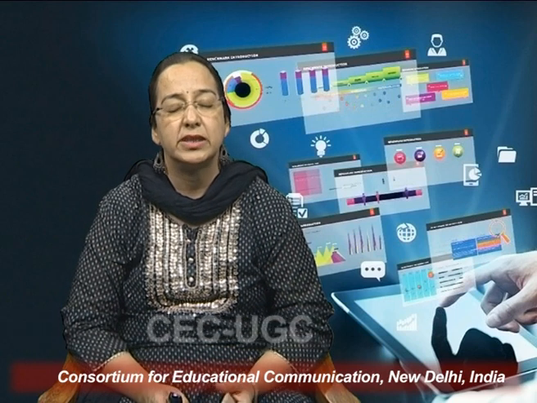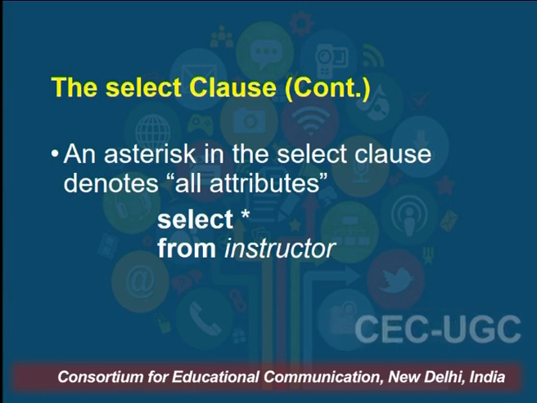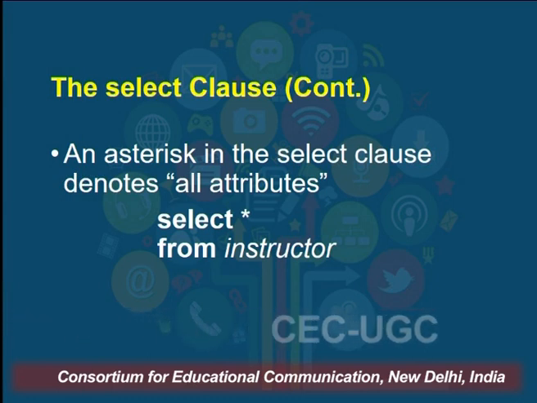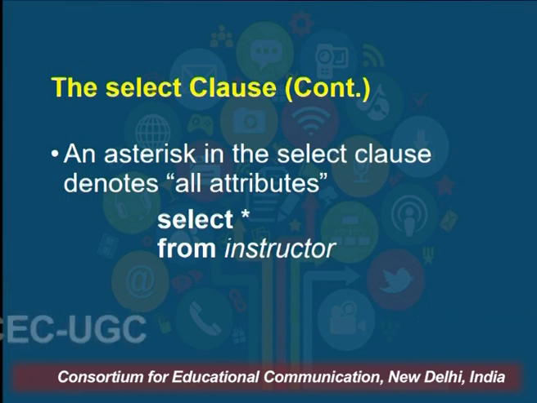Now if we really want to include all the fields inside the result relation, we can use star. So star is used for all. We can say a star in the select clause denotes all attributes. So if we write select star from instructor, that means each and every attribute inside this instructor relation will be selected.